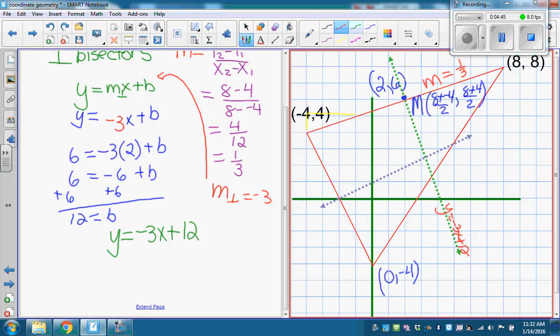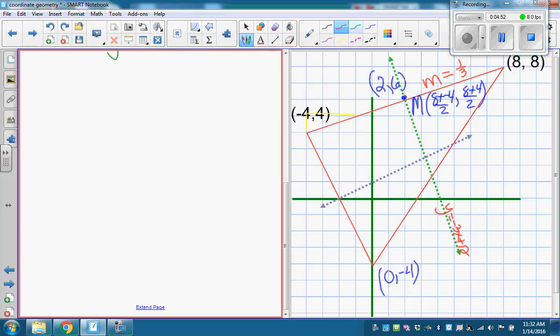So Taz, what should I do first for the bluish purple line? You should find the midpoint. Actually, no, you find the slope of the side of the triangle.